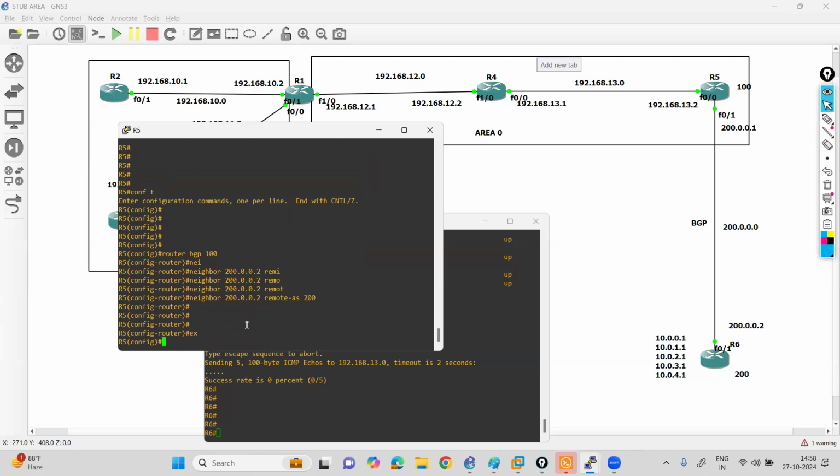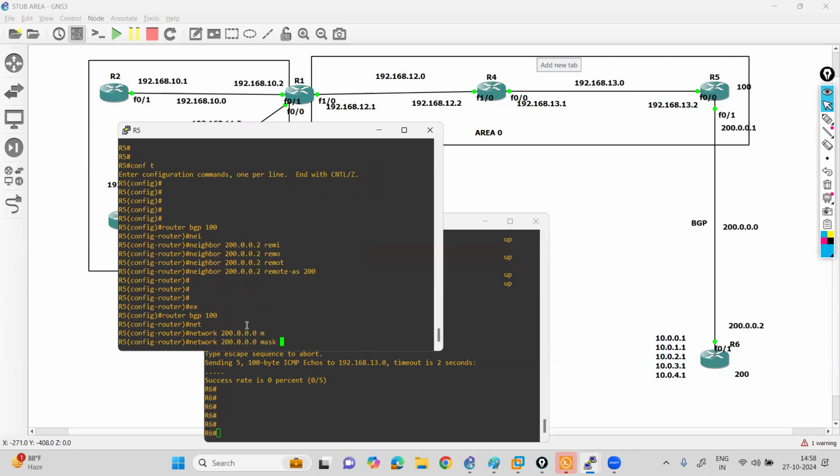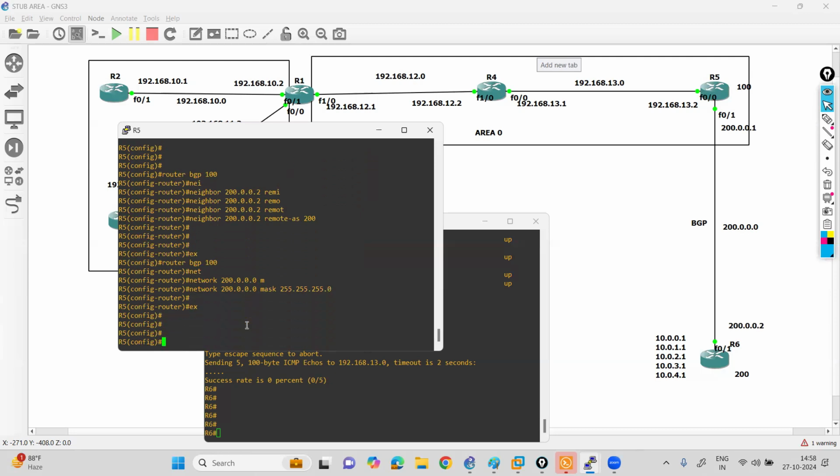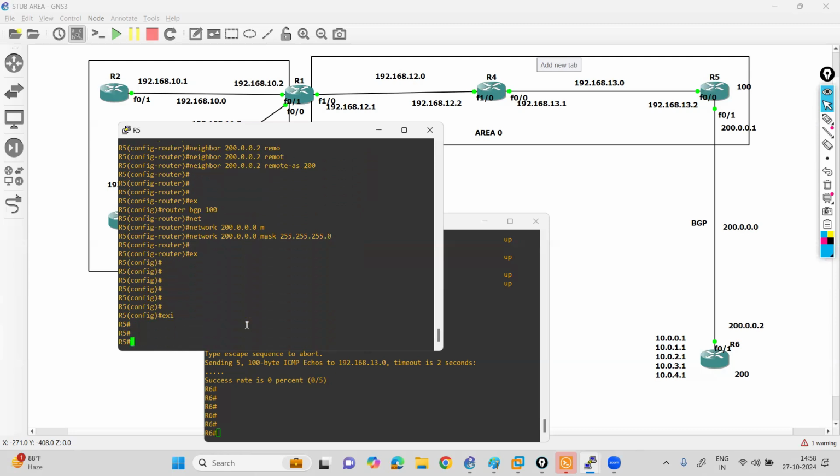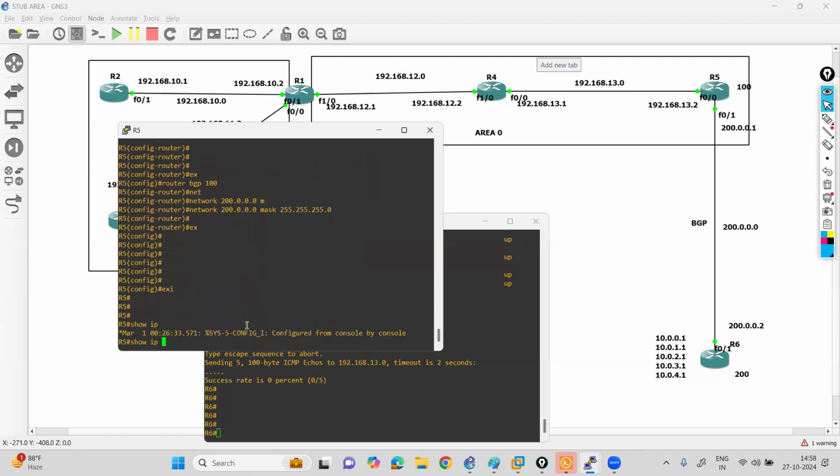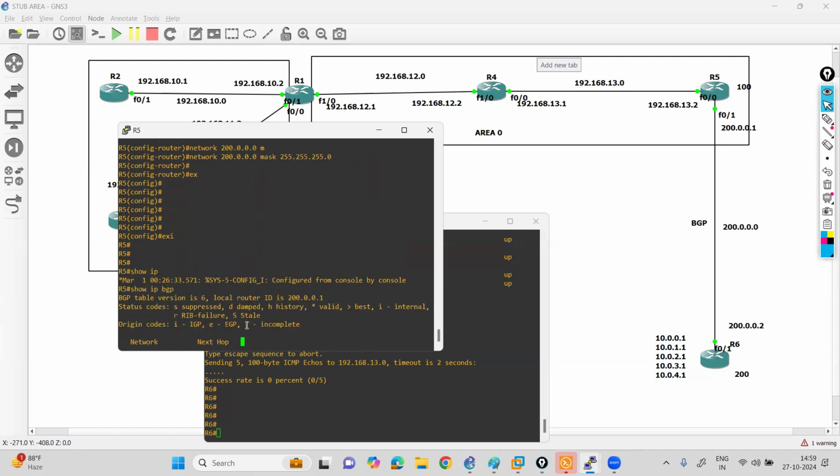Let me advertise this one and also advertise the network again. Network 200.0.0.0, and mask will be 255.255.255.0. Now let's see if there will be any detail or not. Show IP BGP.